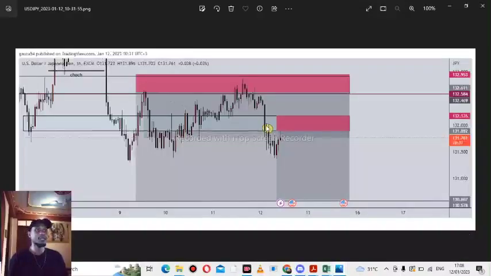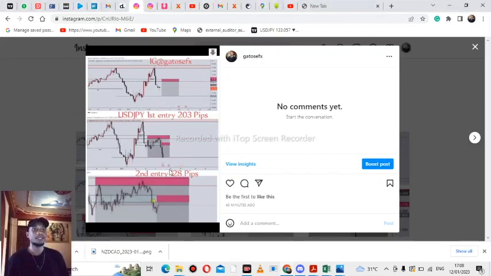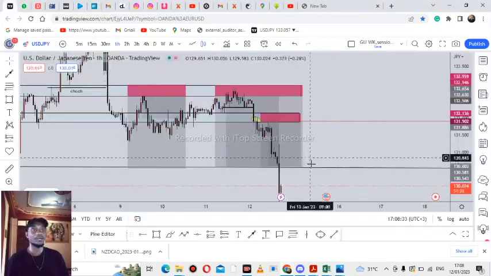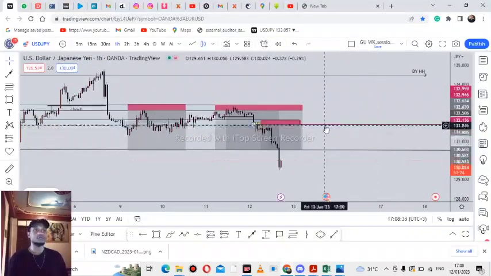From the diagram, here is where I spotted this weak rejection liquidity around the support and resistance zone. So when price approached this area, because I was on the market, I took a market execution sell trade, and see, here we are. Price went all the way down as we expected.